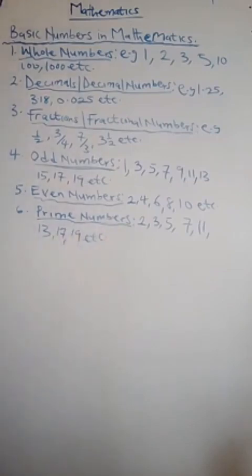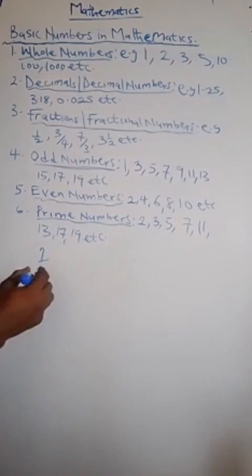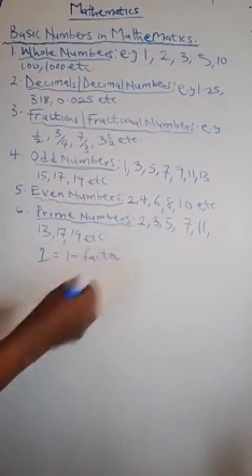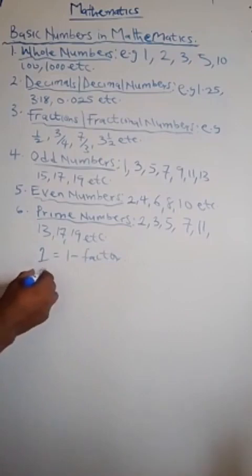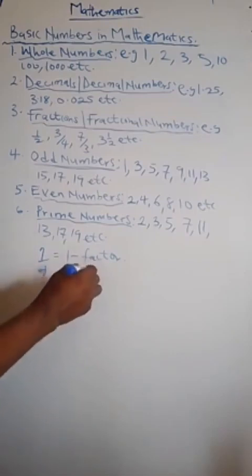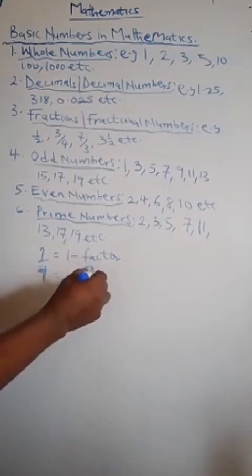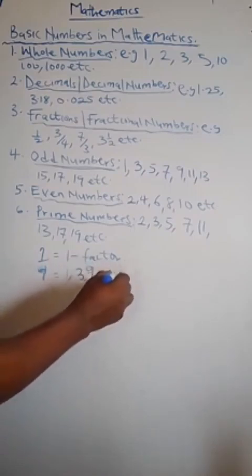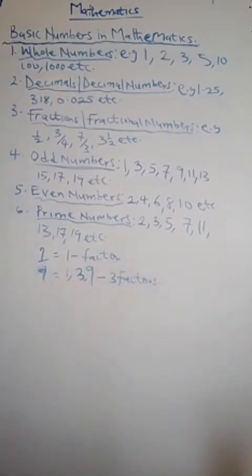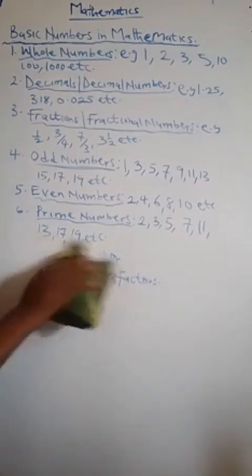All these are prime numbers. Note, 1 is not a prime number because it has 1 factor, divisible by 1. 9 is not a prime number because 1 can divide it, 3 can divide it, 9 itself can divide it. So it has 3 factors. So 9 is also not a prime number. Please take note of that.